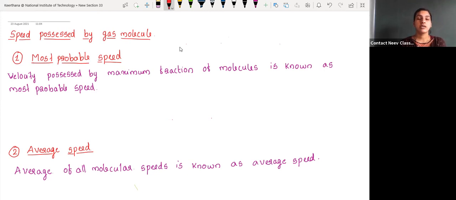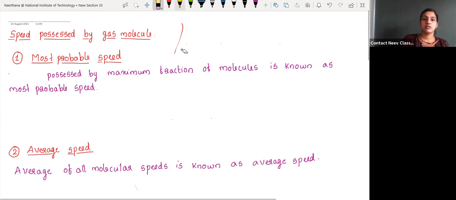So the first one is most probable speed. As the name indicates, it is most probable. The probability of having this speed is high. Okay, you can write the speed.